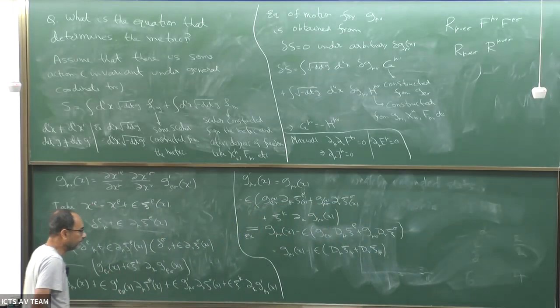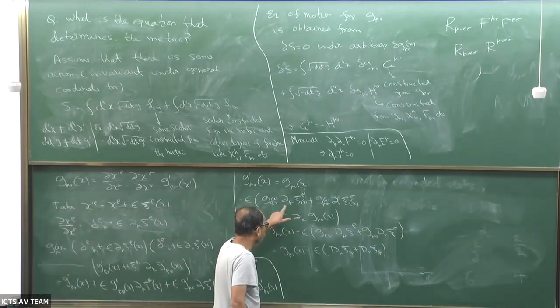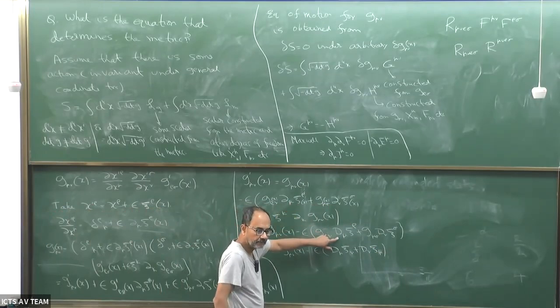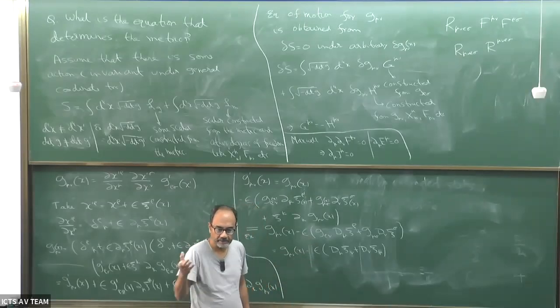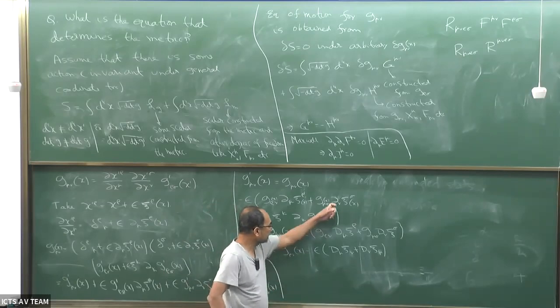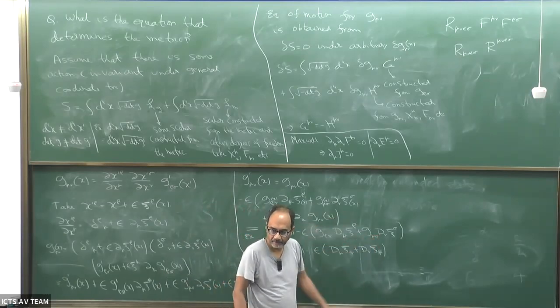So let me explain what I did here. This term I am replacing by a covariant derivative. So obviously I am making some error, because the covariant derivative has gamma terms. Similarly, this term I am replacing by a covariant derivative, so again there are some errors. This has a gamma term.